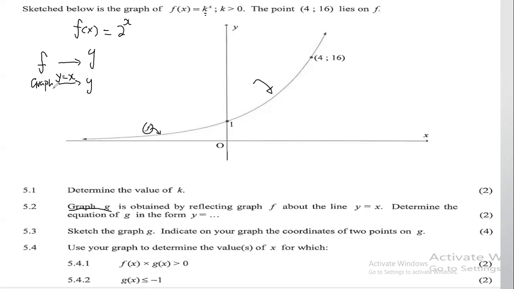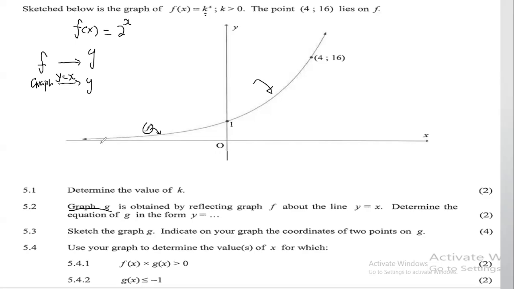We have the equation of f, which we can use to find the equation of g. This is what the examiner says: reflect f about the line y equals x, and you will find the equation of g.